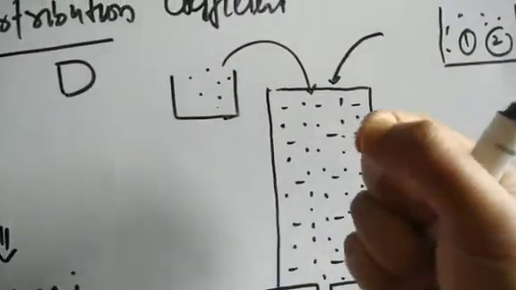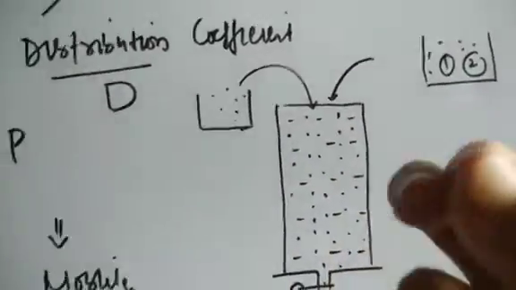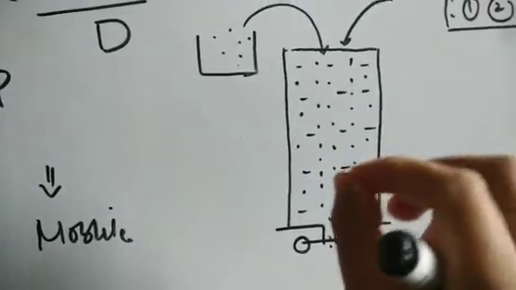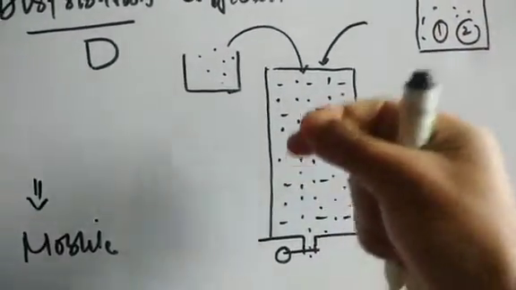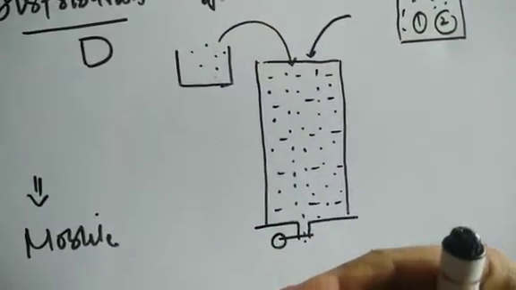We will say that these chemical species, the components 1, 2, will distribute themselves into the two phases, the mobile phase and the stationary phase.